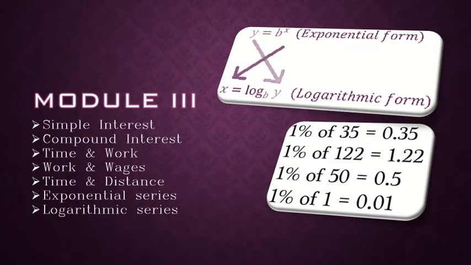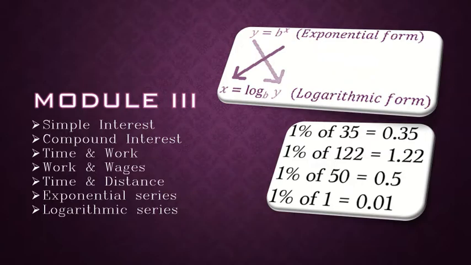In Module 3, the first topic is interest. The money to be repaid is usually more than the borrowed amount since lenders require compensation for the loss of use of the money during the loan period. The difference between the total repayment sum and the original loan is the interest charged.